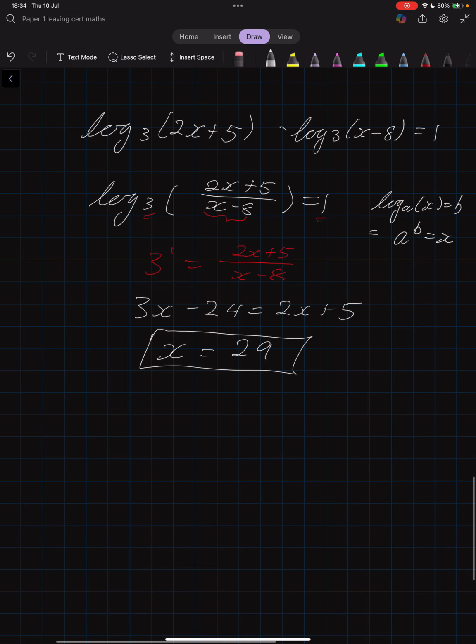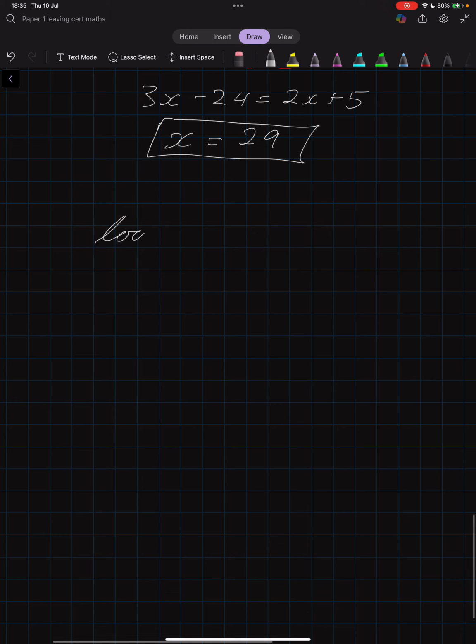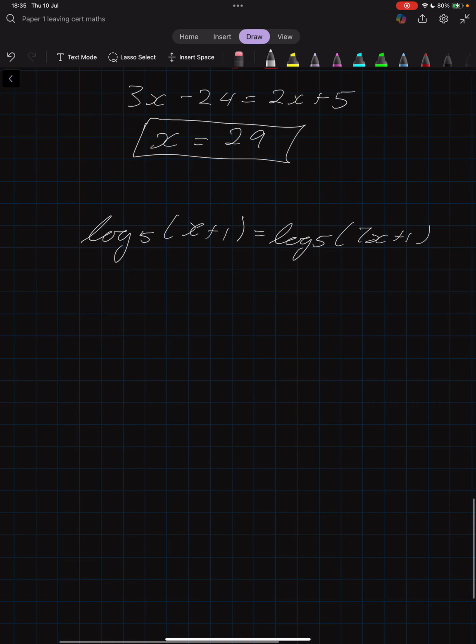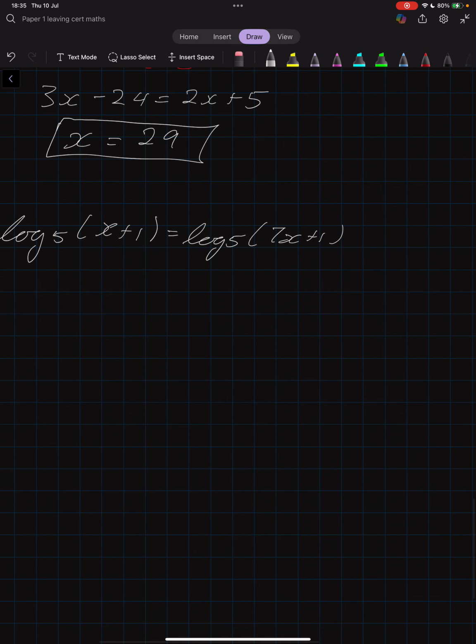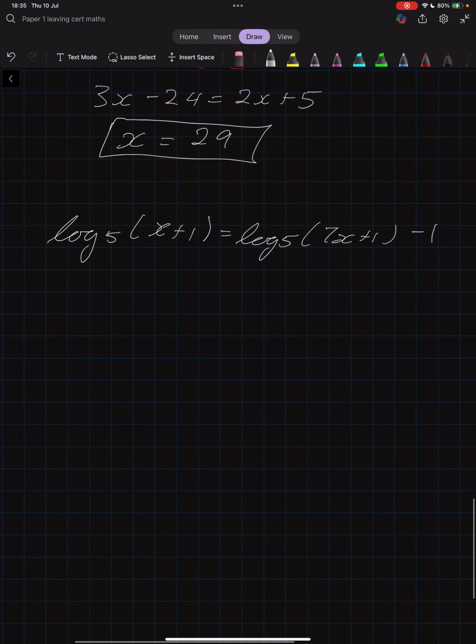I'll do one more. So if we have log to the base 5 of x plus 1 minus log to the base 5 of 7x plus 1, sorry, that's both, equals minus 1. Great.